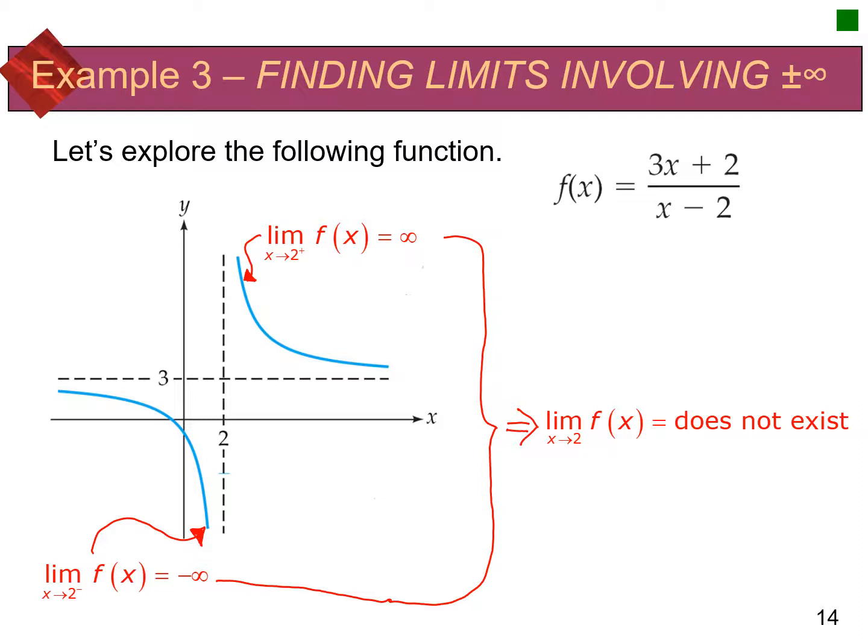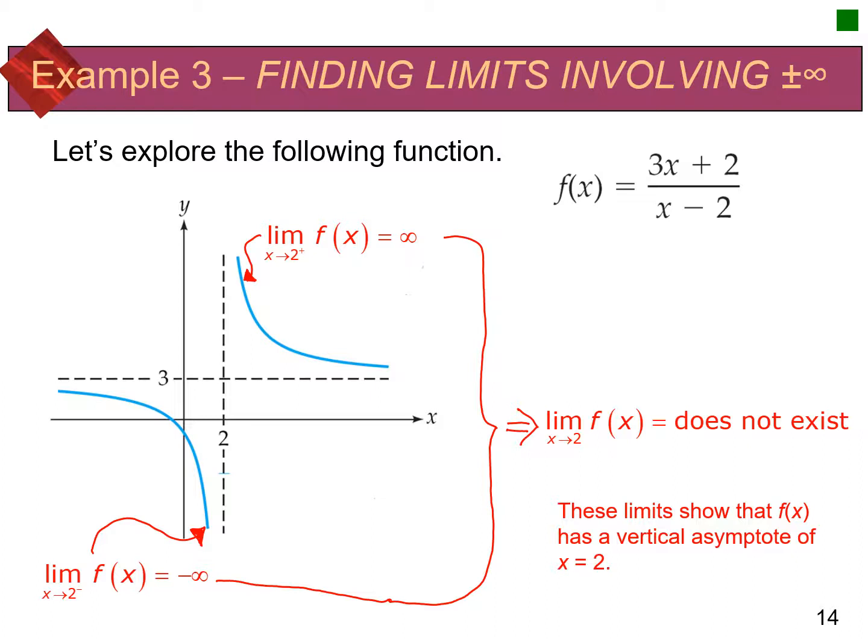Okay, but because the left-hand and right-hand limits involved something dealing with infinity, that indicates that I have a vertical asymptote at that particular x value. So I don't have to have a graph in front of me to be able to interpret what's going on in a graph.